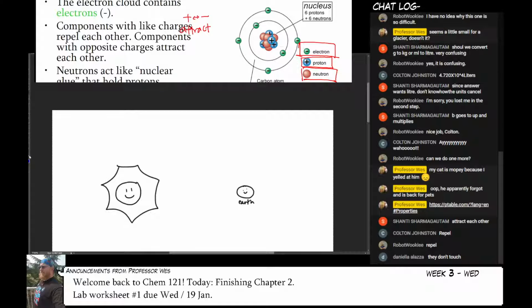Now the Earth is attracted to the sun. In fact, it is so attracted that if it were stationary, it would get pulled into the sun and destroyed.